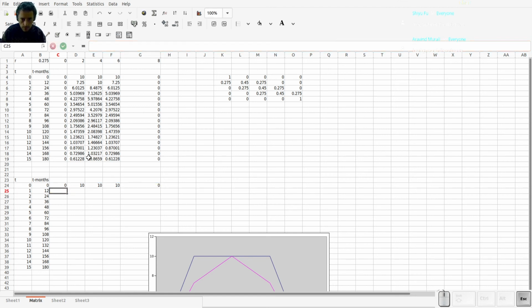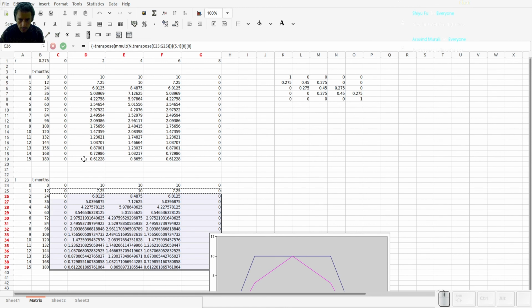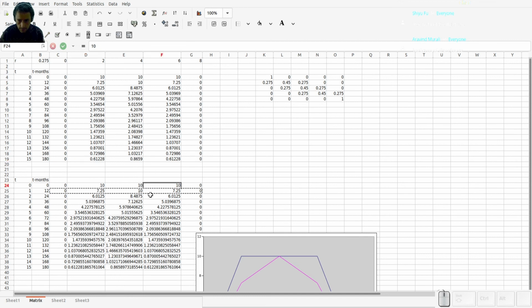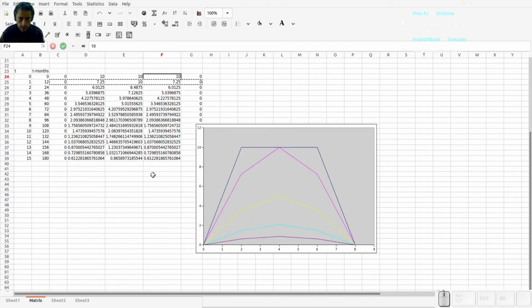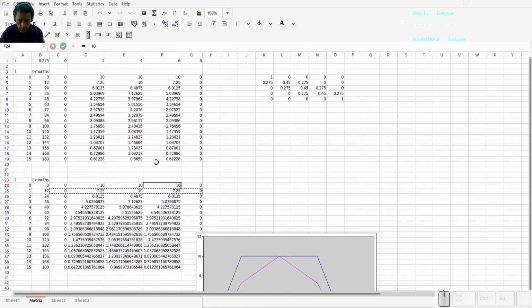I will cut that, paste, and okay, so you see that I got exactly the same values as before, doing it this way. And it's just to show you how you would establish your matrix. Okay, so we did matrix operations. Values are a little bit rounded off differently.